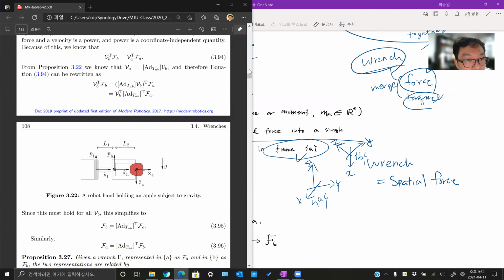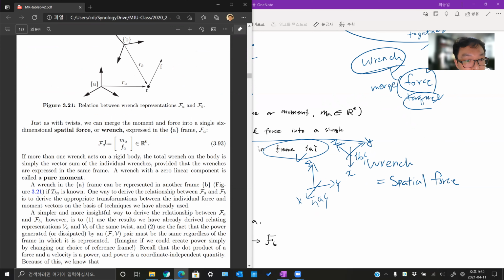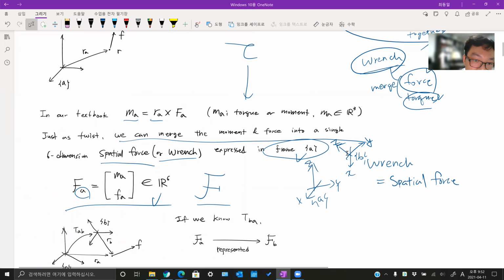Yeah, this one is wrench, very similar to the large F but a little bit different. So this one is wrench, and wrench includes moment and force.